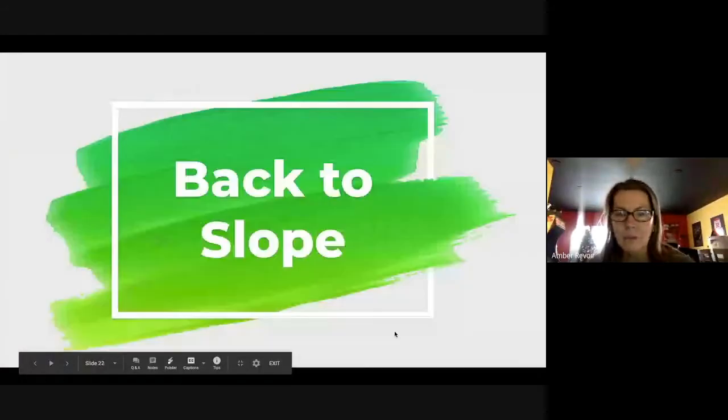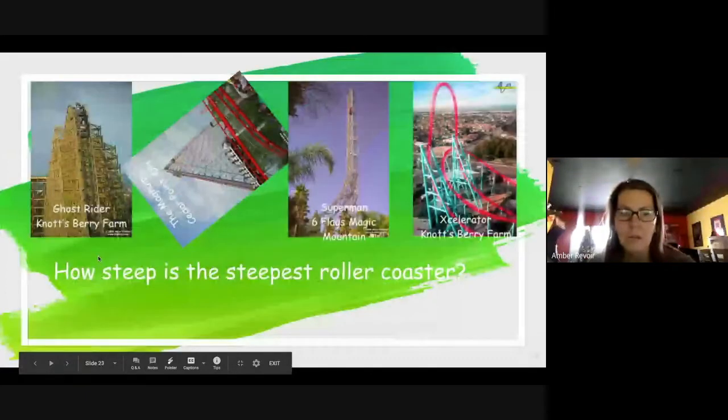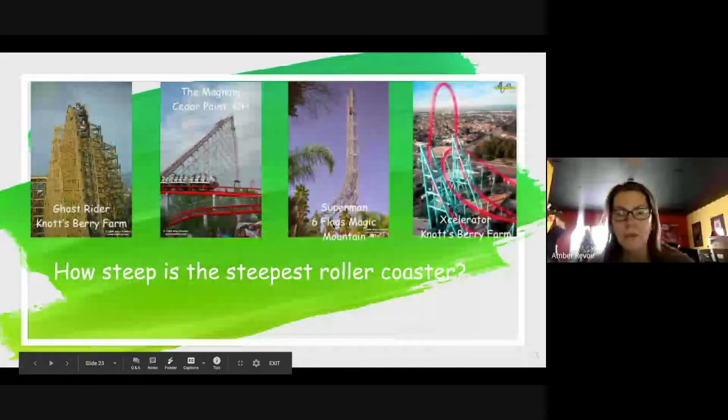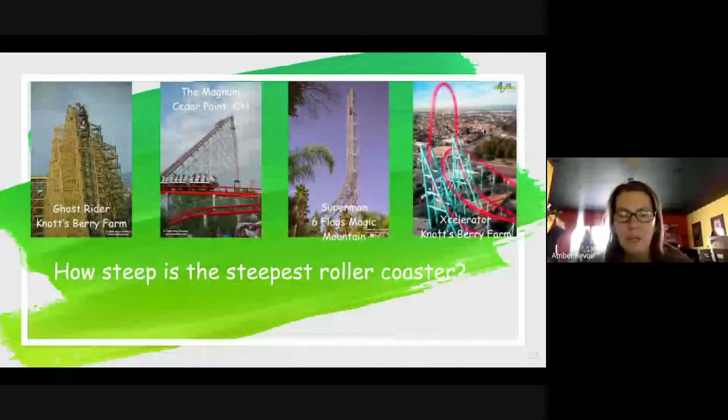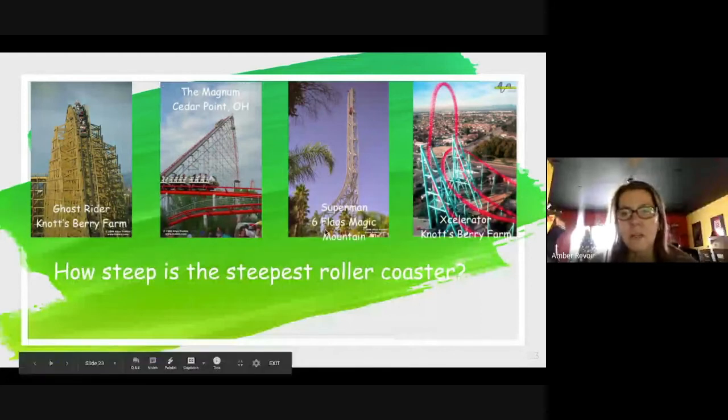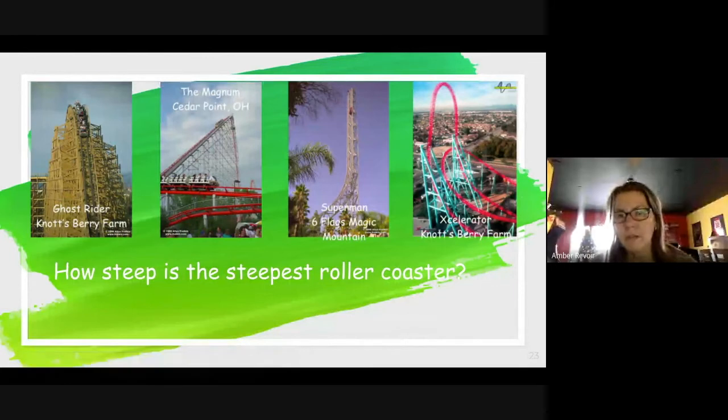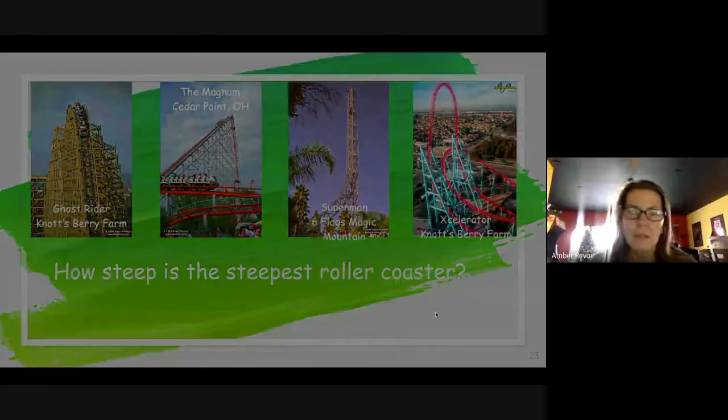So back to slope. Here we're looking at how steep the steepest roller coaster is. We've got 4 examples of roller coasters here, and we're looking at how steep they are, right? This is a pretty steep roller coaster right here, right? So imagine a roller coaster moving from left to right.